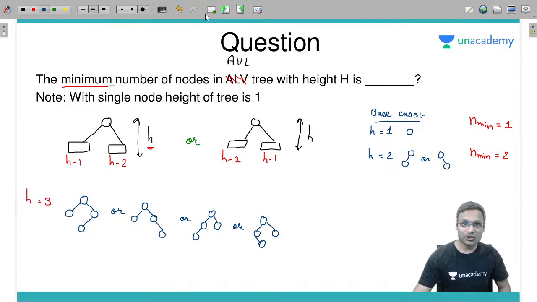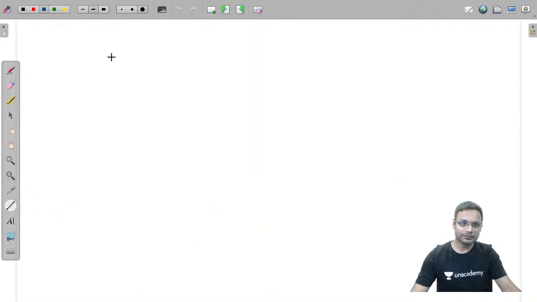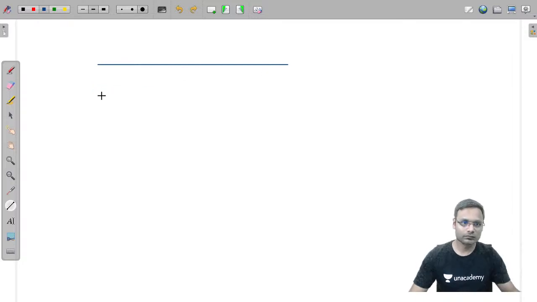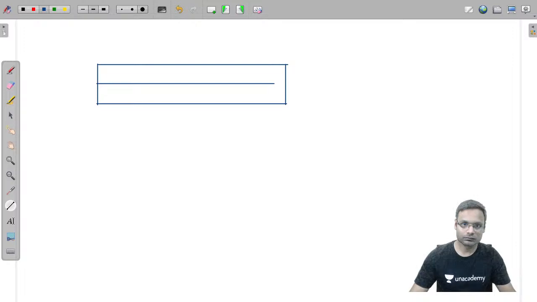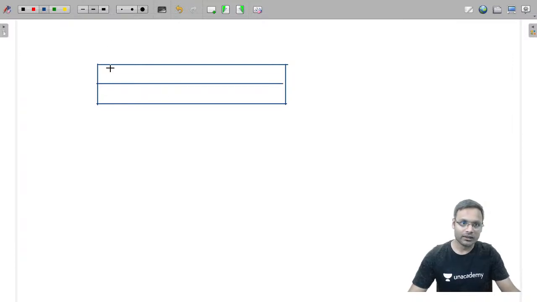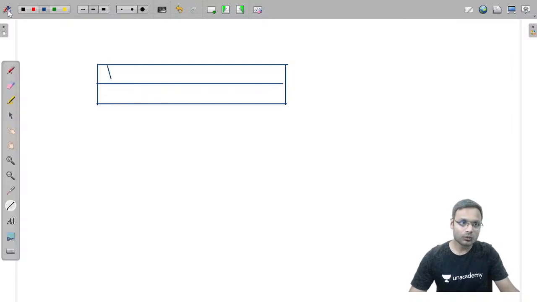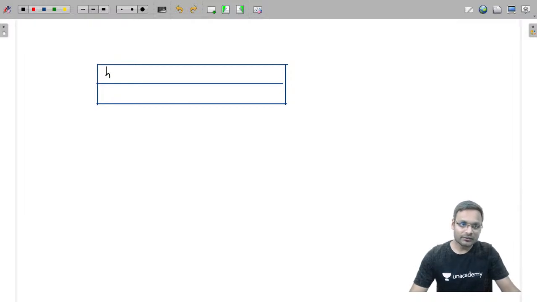Fine. Now based on that, we are going to have a particular table. If height is given, then we are calculating the minimum number of nodes with that height in an AVL tree.